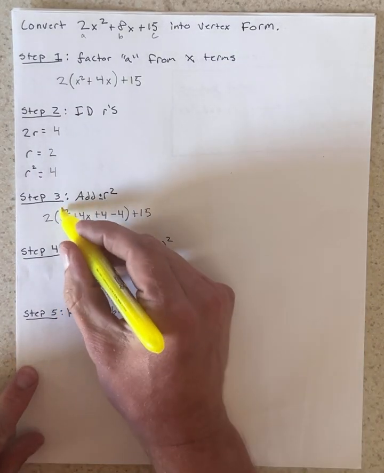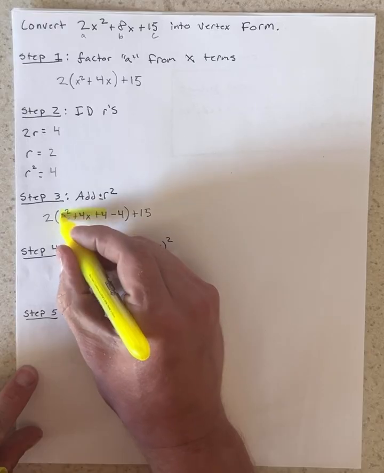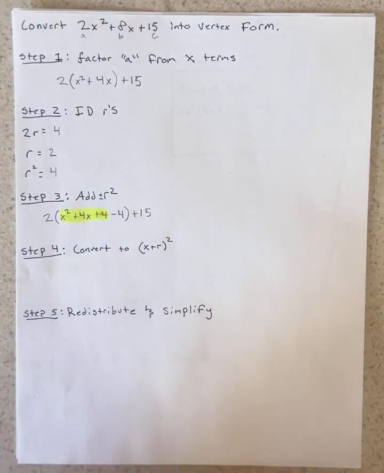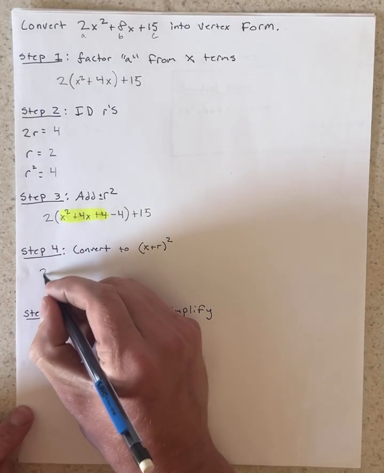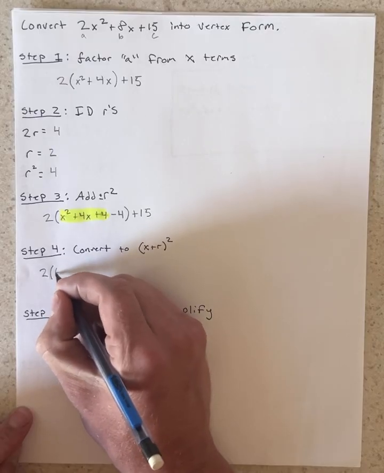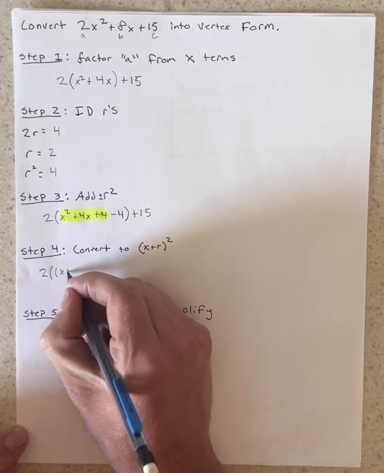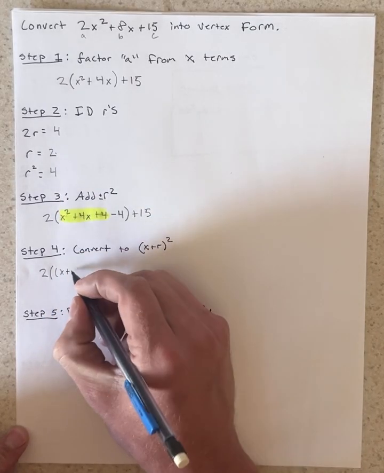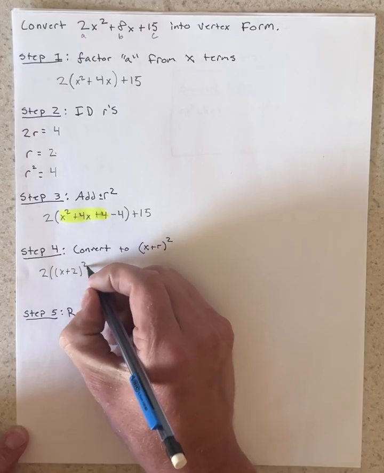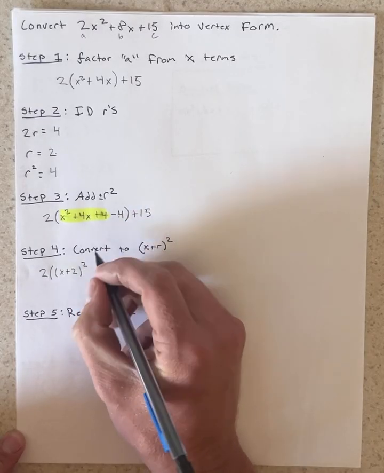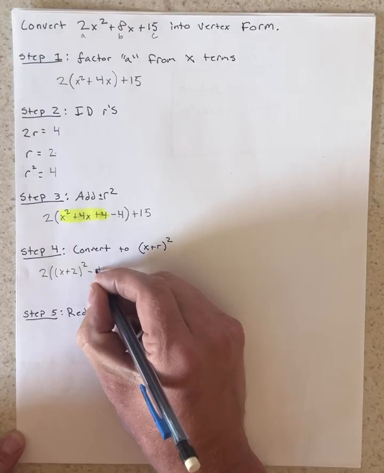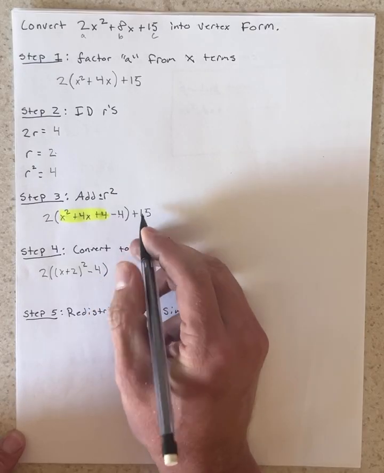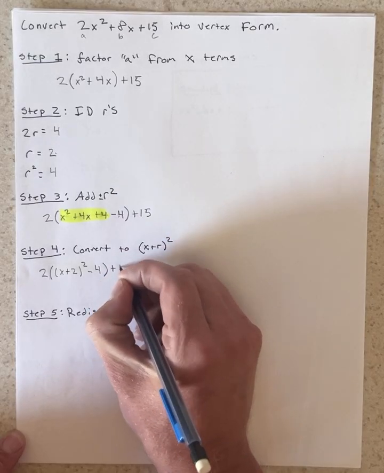And as a reminder, this is the perfect square part, which we can factor into x plus r squared form. And so we can rewrite the expression as this: 2 double parentheses x plus our r term, which is 2, squared, and then this minus 4 is going to come down as well. Close parentheses, and the plus 15 is on the outside.